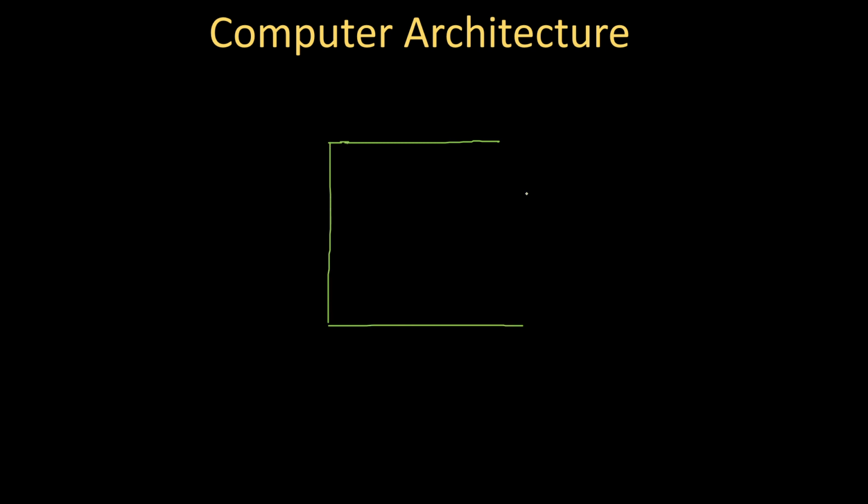mainly, so this is the actual part of the computer which we say central processing unit, right? Yes, we know that obviously input device and output device are there.